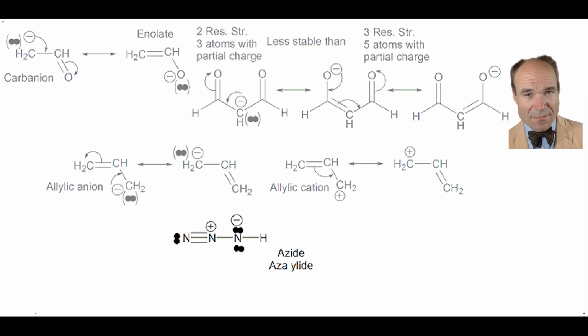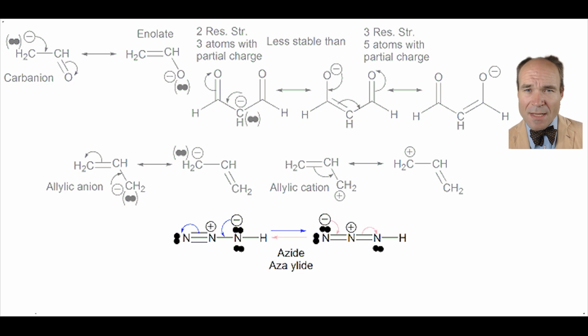This specific functionality is called an azide. The arrows move very much like the carbanion that we saw earlier. Here I'm showing you how to move backwards. So the resonance structures can either react forwards or backwards. The arrow movement is similar, but with different bond types involved.